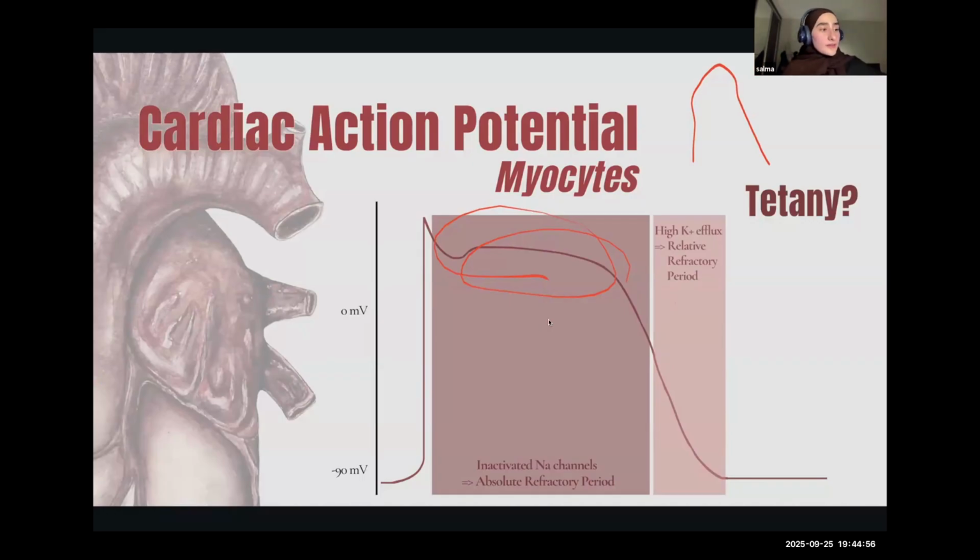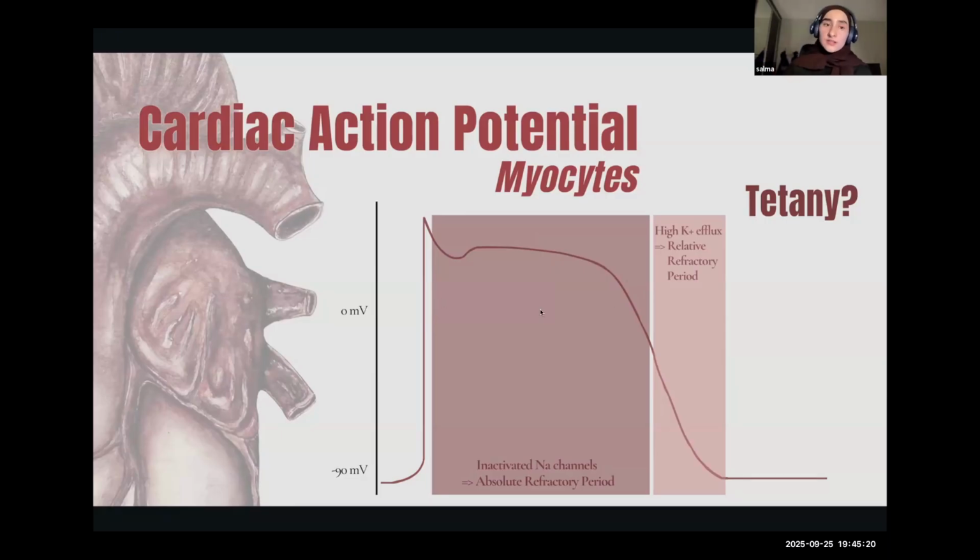Yes. So can someone rephrase what I just said and tell us why you can't have tetany in the heart? Because of the absolute refractory period. Exactly. And what causes this absolute refractory period?